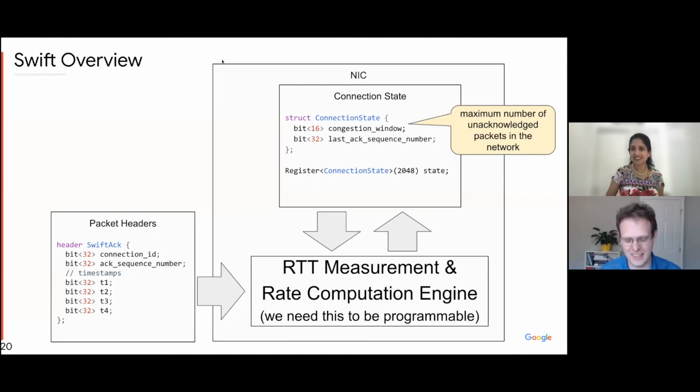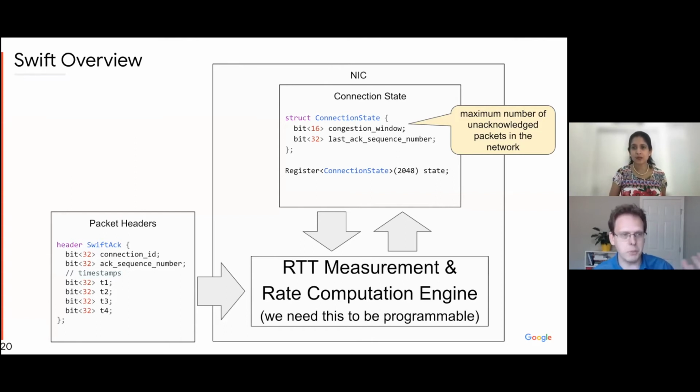So, Nandita just talked about the basic building blocks of Swift, right? And I want to bring that down into a more familiar thing to some of the P4 audience in this talk. Really, Nandita talked about this measurement and rate computation engine. That's a block in the NIC that needs to be programmable.